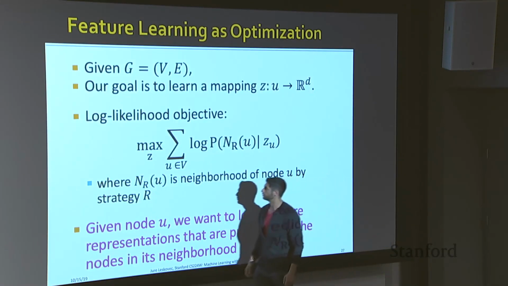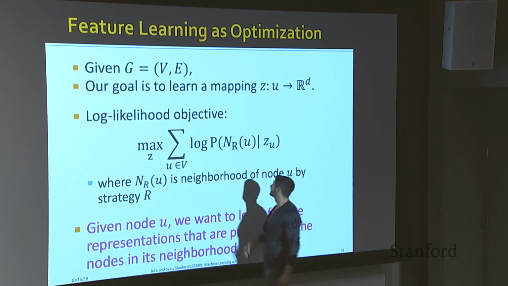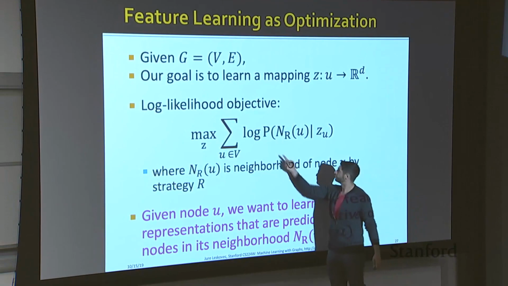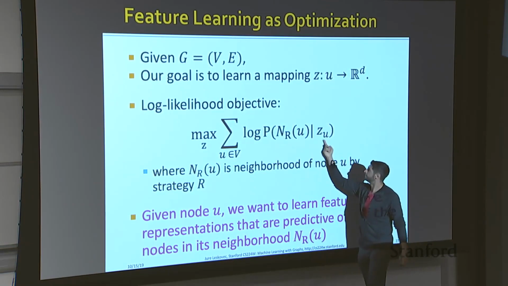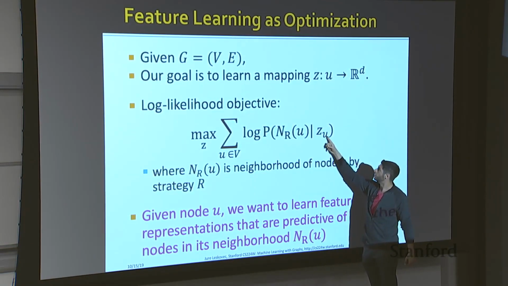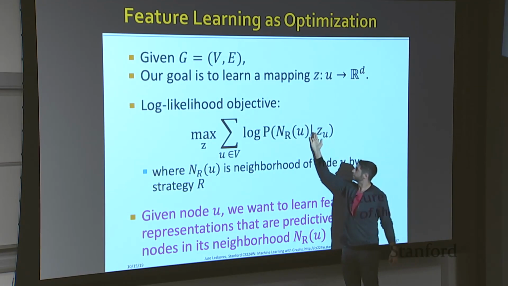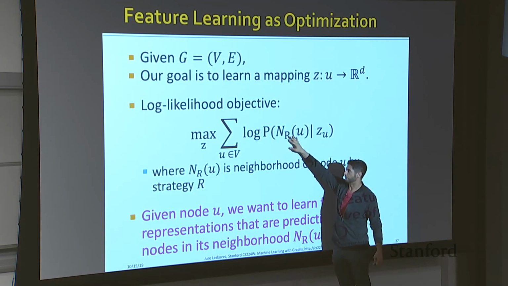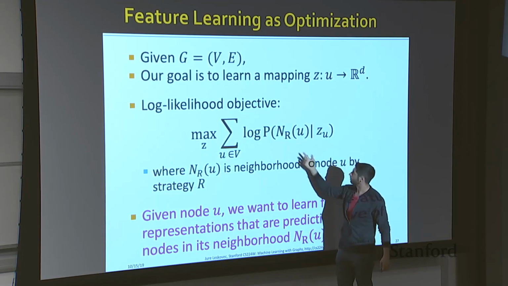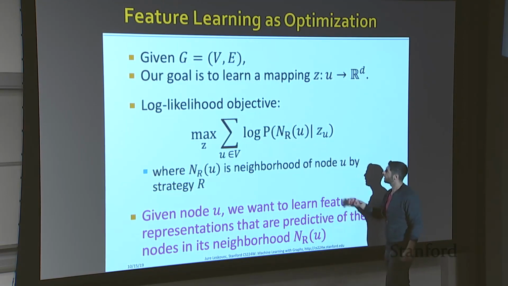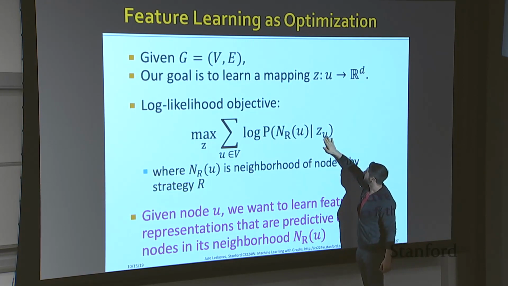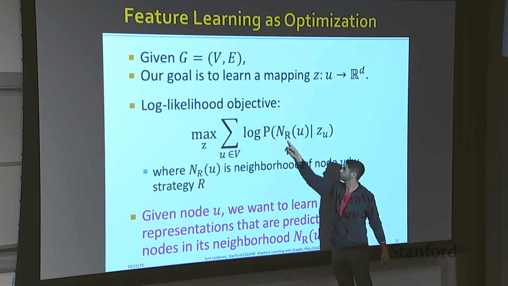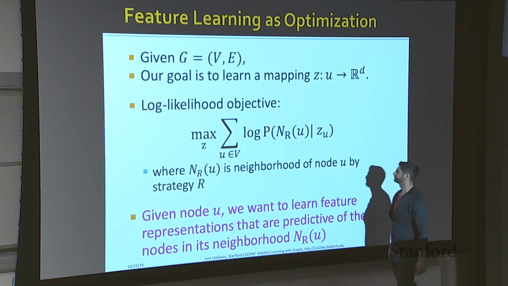We're going to try to maximize this expression, which is the conditional probability of finding the neighborhood that we defined before with our strategy R, given the vector representation of our node U. So we want to maximize the probability that the vector representation of our node U is going to be close to the representation of the neighborhood.